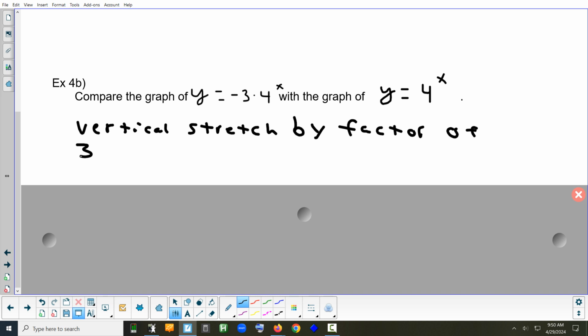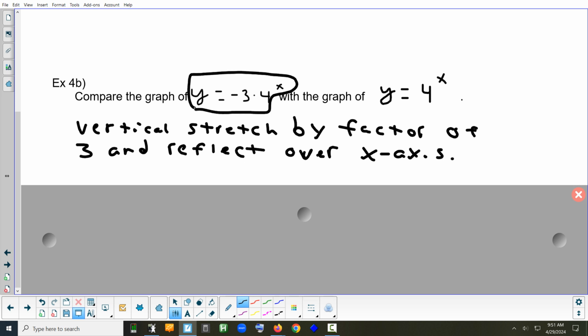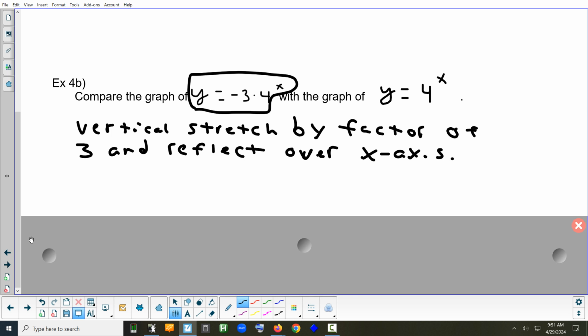And now what else do we have to write down because there's a negative? And reflect over x-axis. So what you're doing is you're describing what this would look like if you drew it without actually drawing it.